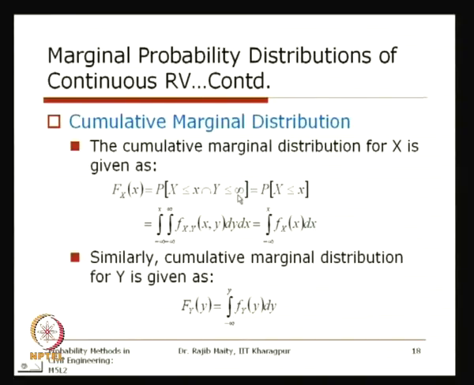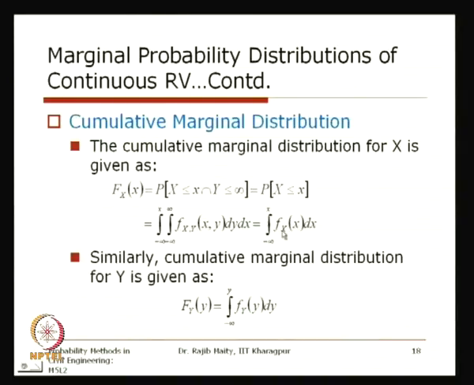Y less than or equal to infinity means it covers the entire possible range of y, which is nothing but the probability of X less than or equal to x. In integral form, for the entire range of y from minus infinity to plus infinity, this should be integrated out for y, and you know that this is nothing but the marginal distribution.